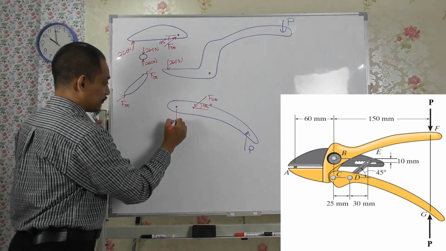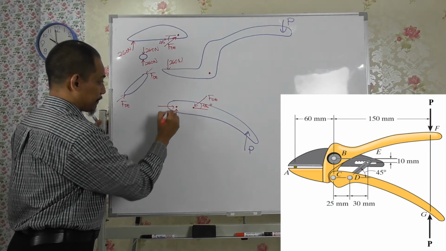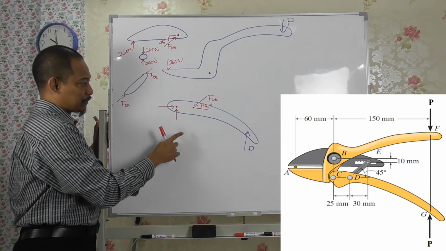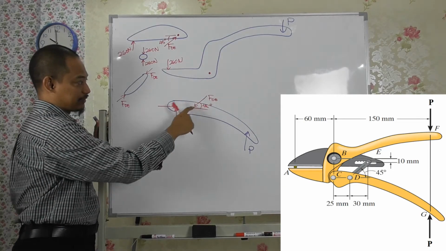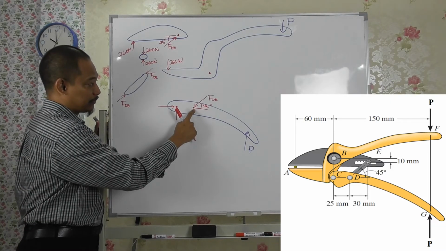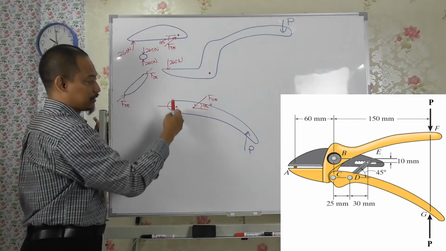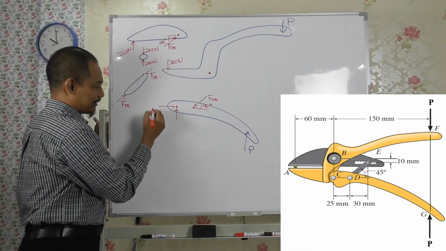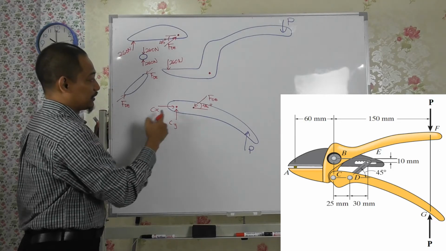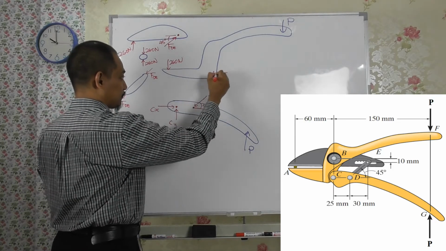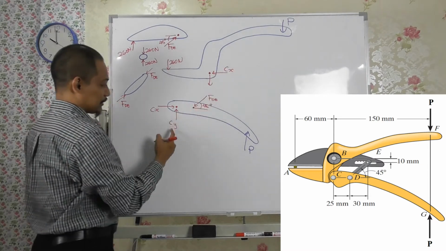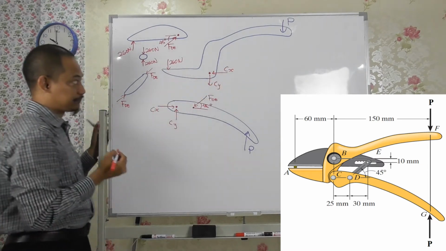If I assume like that, of course, you can assume correctly, logically, because this is to the left, this must be to the right to counter. And if you have a moment about this one, this is creating the rotation, this must counter. So you can guess that way. So CX, CY. Based on this, it will be like this. Correspondingly, this is to the right, this becomes to the left, this is upwards, this becomes downwards.